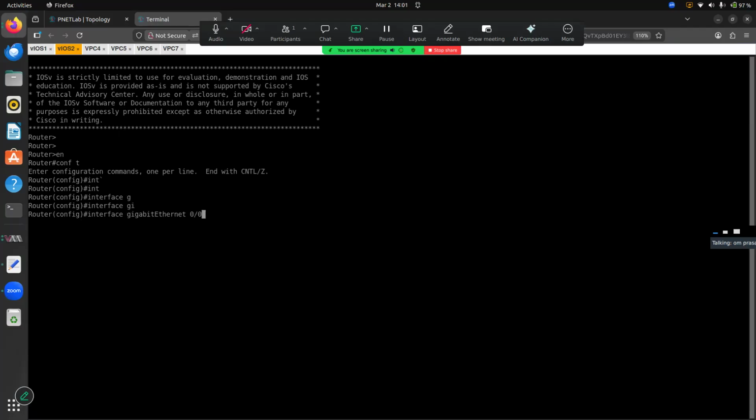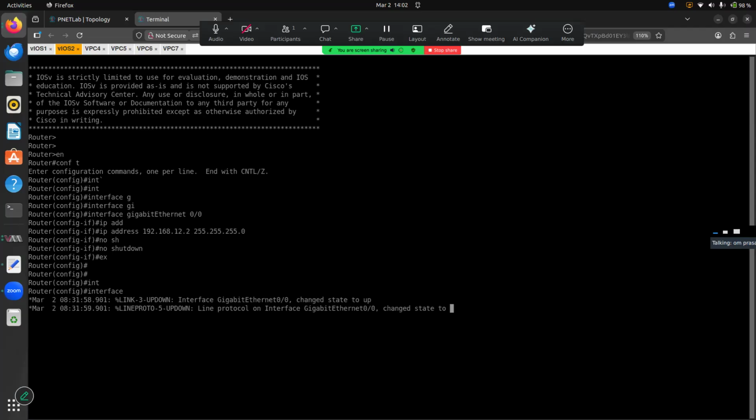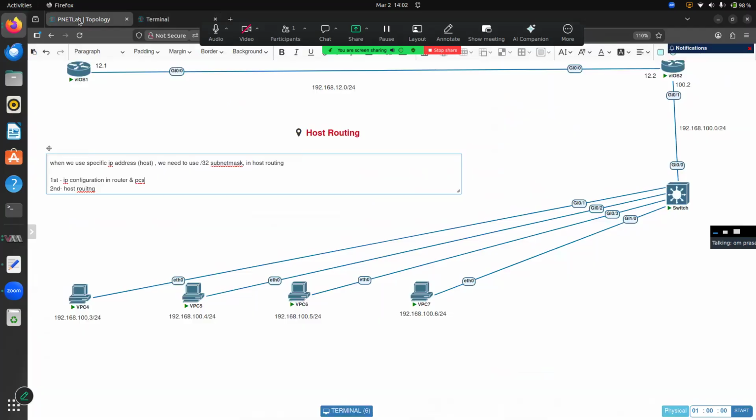Then IP address 192.168.12.2, and the subnet mask is 255.255.255.0. No shutdown, exit. Then I think here there are two interfaces, right? Yes, two interfaces. 0/0 is already configured.